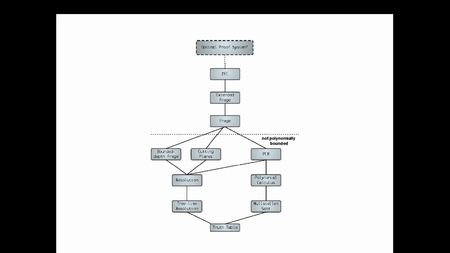And I didn't mention the difference between p-simulation and simulation, but there's another version of simulation which is slightly weaker than p-simulation. Okay, so if we want to talk about p-simulations, we'd talk about p-optimal. Right, so we don't know whether there's an optimal proof system, we don't know whether there's a p-optimal proof system. And these are the open problems in propositional proof complexity here.